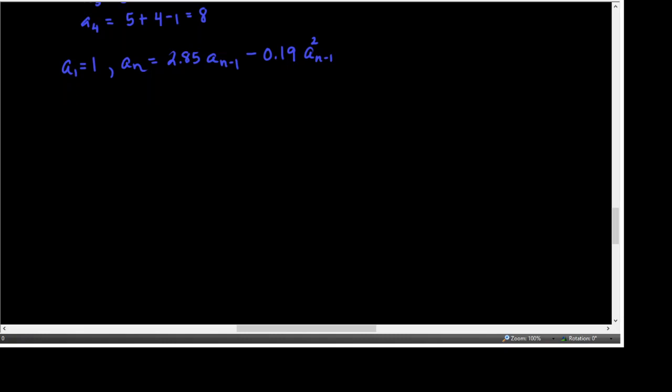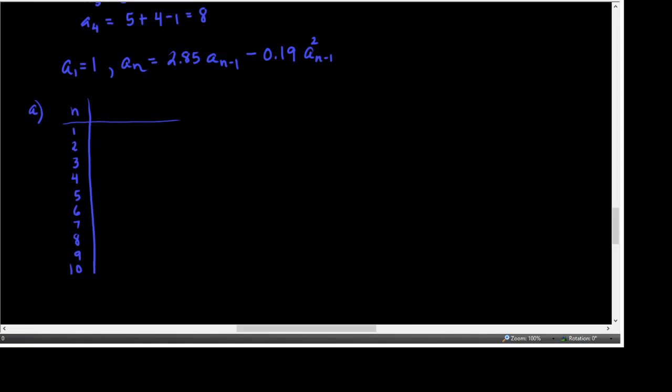So let me see. So for part A, we're supposed to give a table of values. So if n is 1 through 10, we'll have 1, 2, 3, 4, 5, 6, 7, 8, 9, and 10. Excuse me.